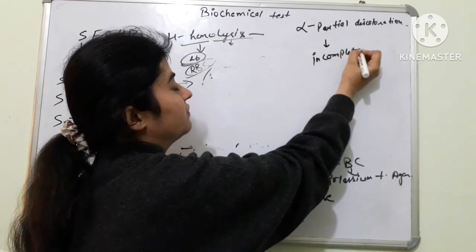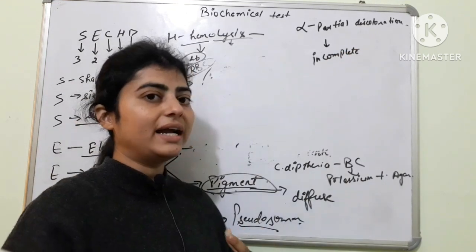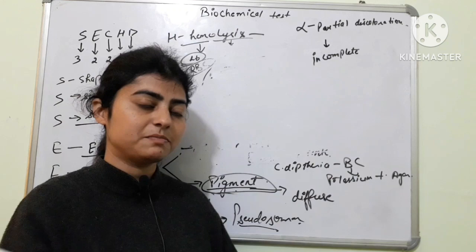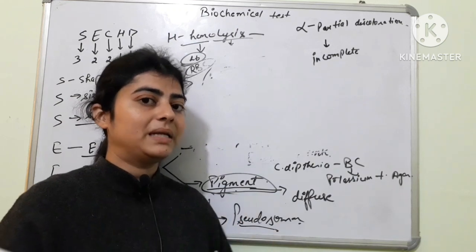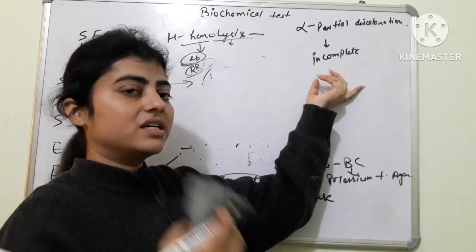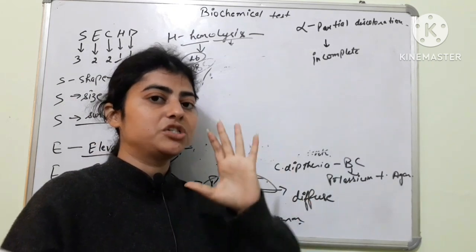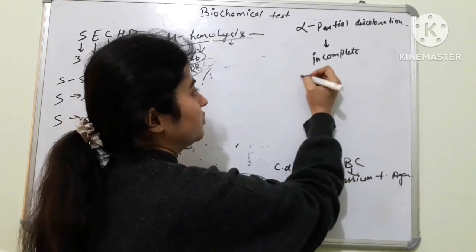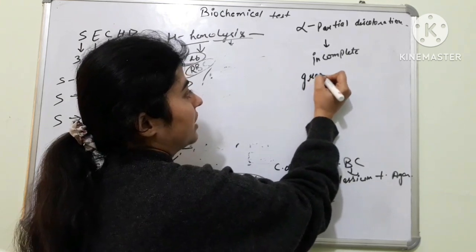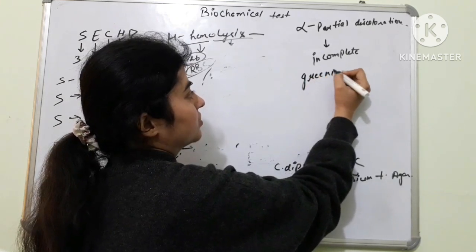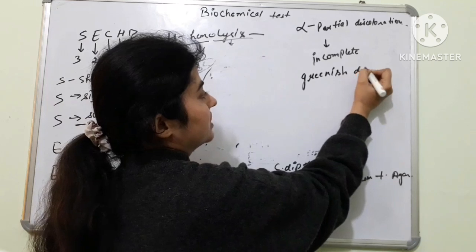One of the major factors through which you can identify whether the hemolysis is partial or complete is that if there is alpha hemolysis, then there would also be greenish discoloration.